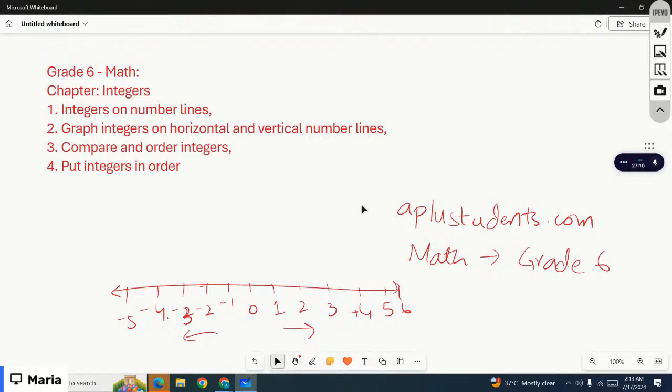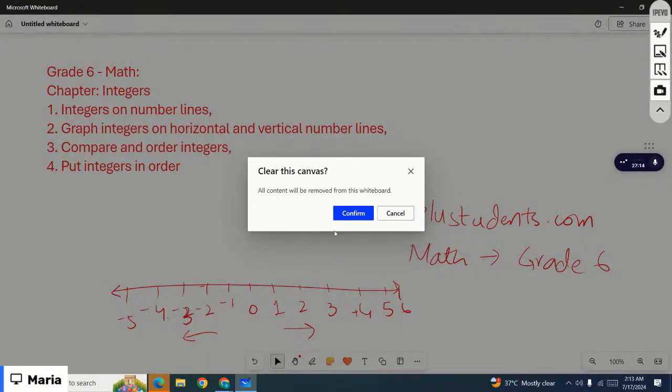Let's start with the example. -3 you have to graph, right? Let's see how we graph. -3 is a negative number, so that must be on the left hand side of the 0, right? Here is 0, -1, -2, and so here is -3.